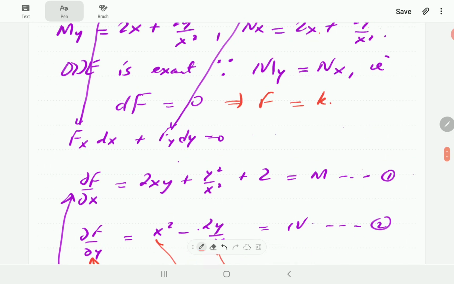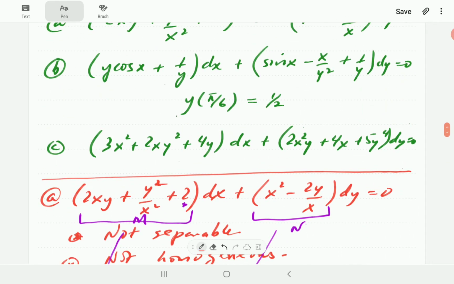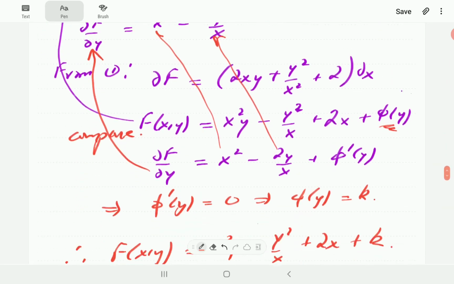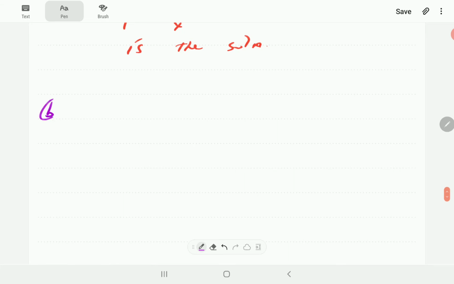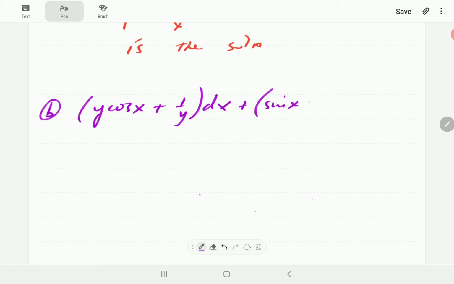So in the second one, we have got y cosine x plus 1 over y dx, then we have got sine x minus x over y squared plus 1 over y dy equal to 0.